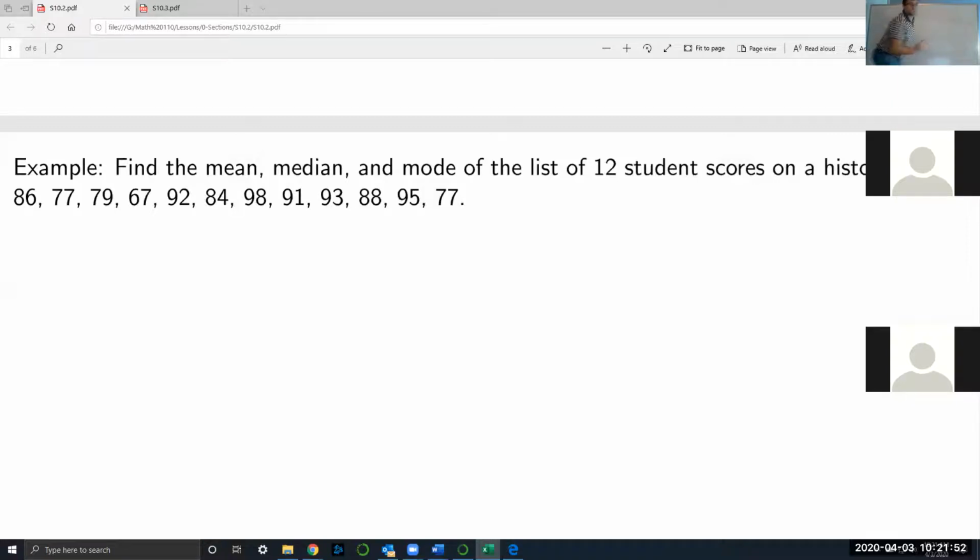So the lowest number in this set is 67, yeah. And there's only one of those. Next up, we have 77. And I see two of those. What's after 77?